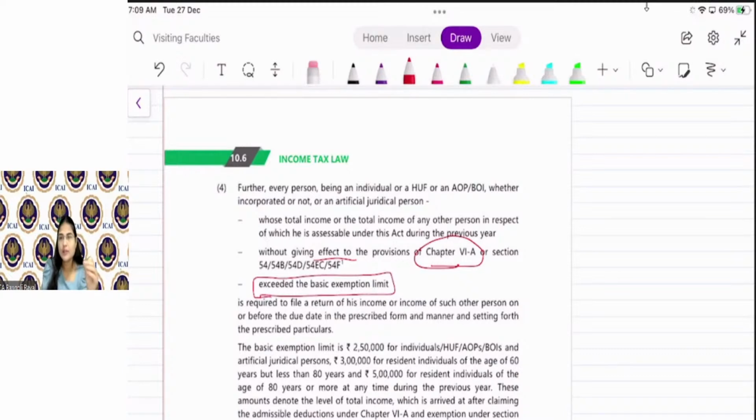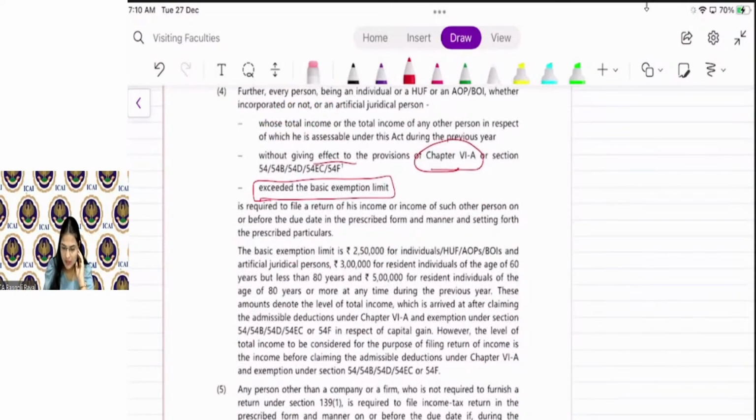If you are an individual or an HUF and your income is more than the basic exemption limit before giving effect to deduction under Chapter 6A or section 54 to 54F, then they have to file their return of income within due date. Here the basic exemption limit is given: 2,50,000 for individual, AOP, HUF, BOI, 3 lakh for senior citizen, 5 lakh for super senior citizen. Okay.